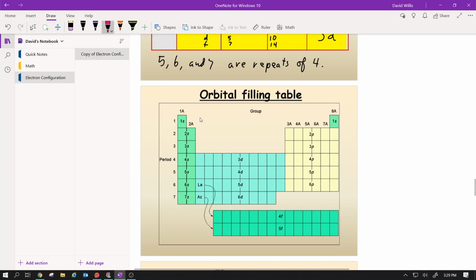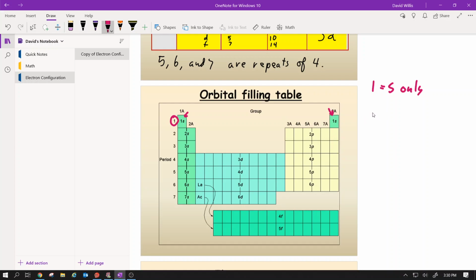Hey, here's what I want us to see. As we begin putting electrons into shells, the first shell, remember energy level 1, only has an S. So level 1, orbital S, and at first it gets 1 electron, and then it gets a second electron.